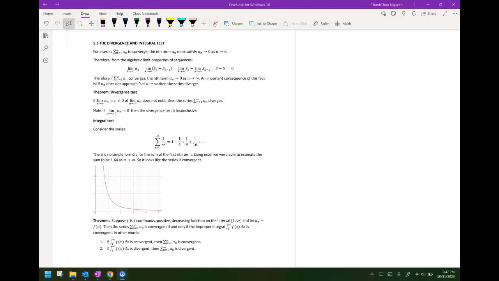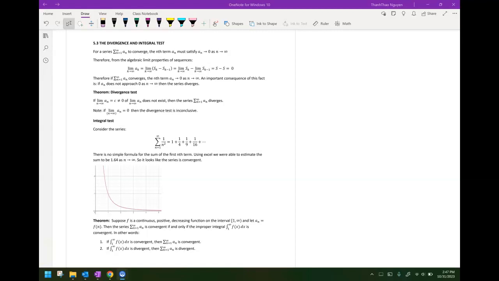For a series a sub n to converge, the nth term a sub n must approach 0 as n approaches infinity. Therefore, from the algebraic limit property of sequences, the limit as k approaches infinity of a sub k equals the limit as k approaches infinity of s sub k minus s sub k minus 1.